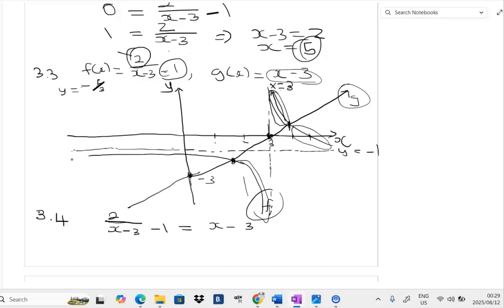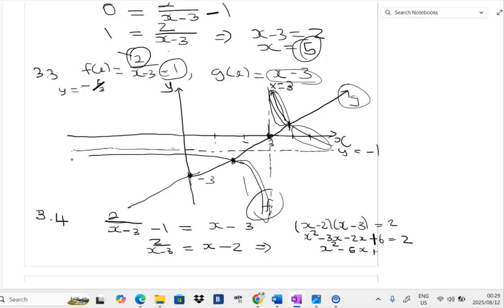If we do equate the equations, we're going to get 2 over x minus 3 equals x minus 2, so x minus 3 times x minus 2 is equal to 2. x squared minus 3x minus 2x plus 6, minus 2, gives x squared minus 5x plus 6 minus 2, sorry, 6 minus 2 is 4.